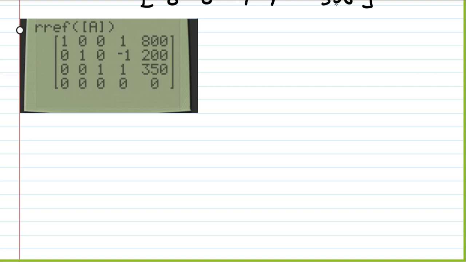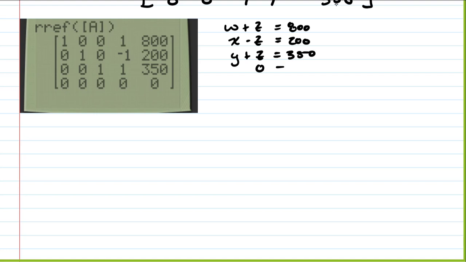All right, so then what does this tell us? It says W plus Z has to be 800. It tells us that X minus Z is equal to 200. And it says Y plus Z is equal to 350. And then our last equation is 0 equals 0. So which is missing the leading one? That's here.